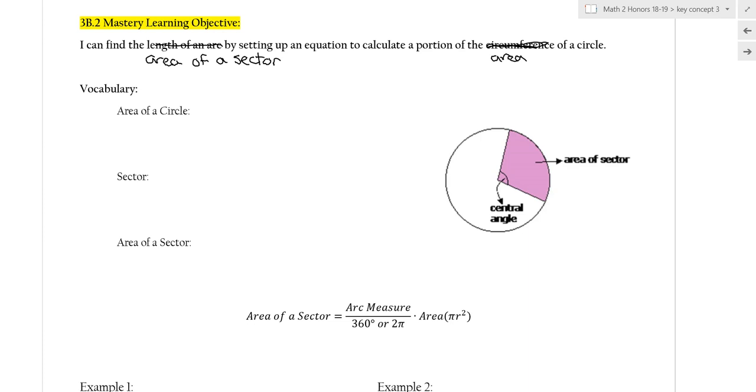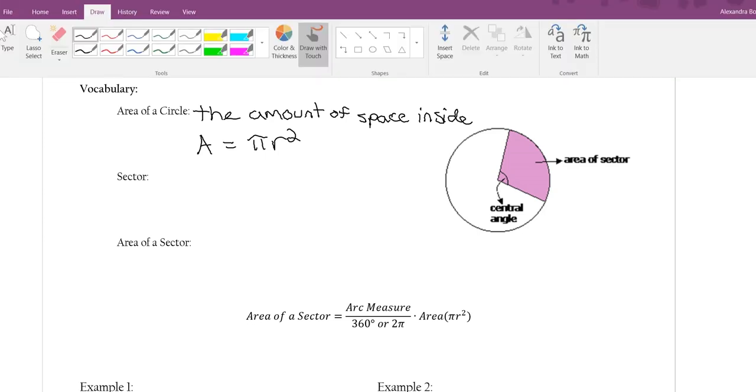So the area of a circle is the amount of space inside. And most of us know the area of a circle is pi r squared. Okay, so then what is a sector?